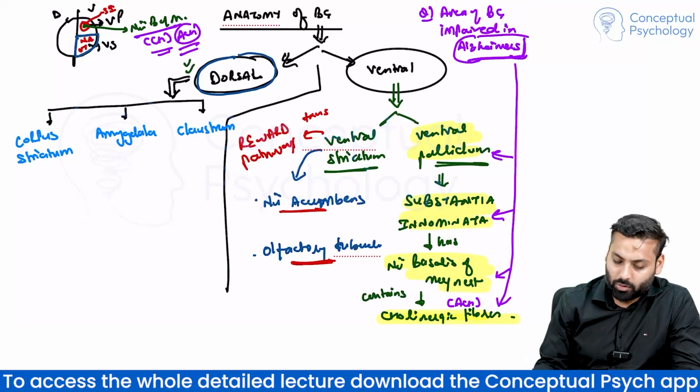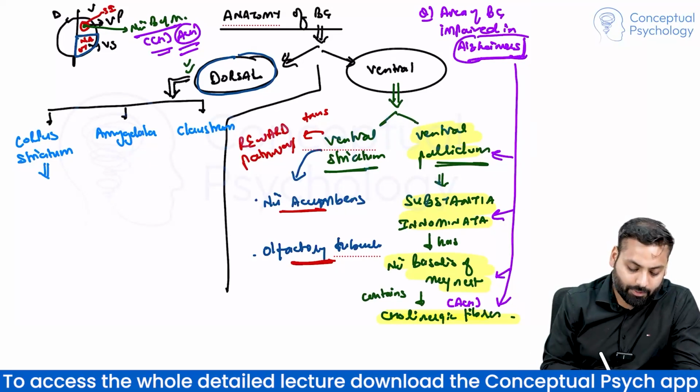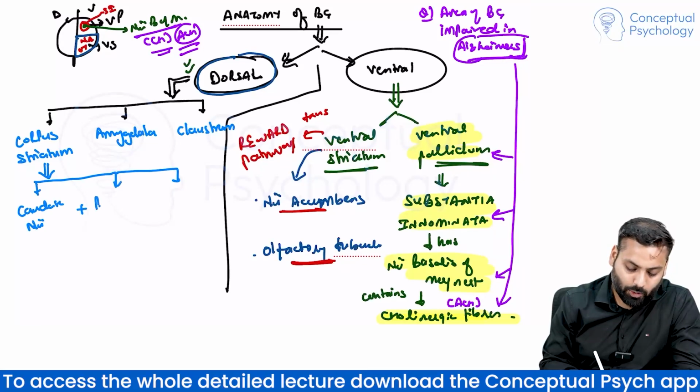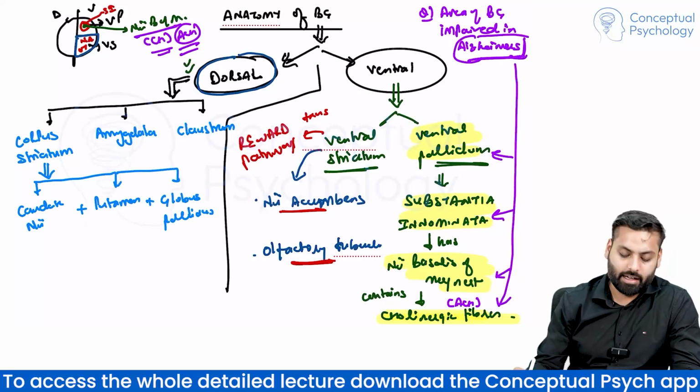Okay, now understand. If they ask you what is corpus striatum: caudate nucleus plus putamen plus globus pallidus. Try and understand.